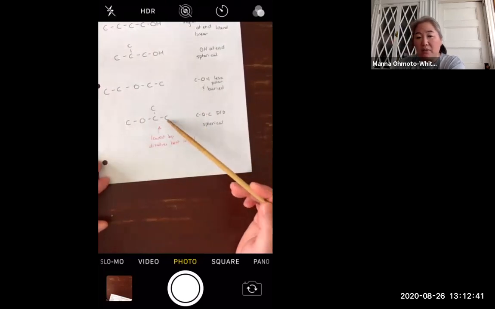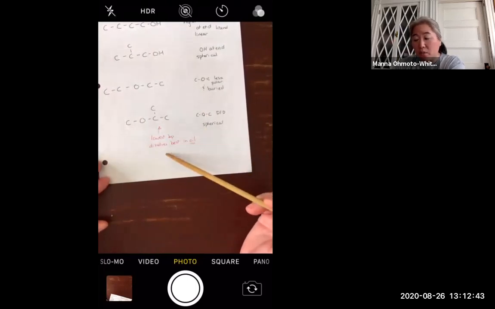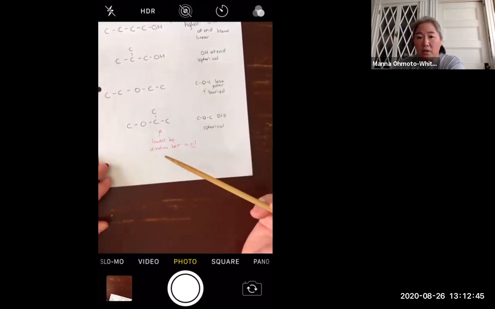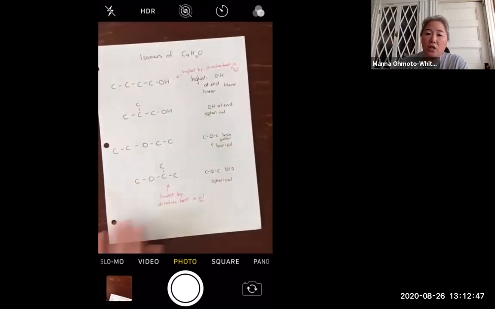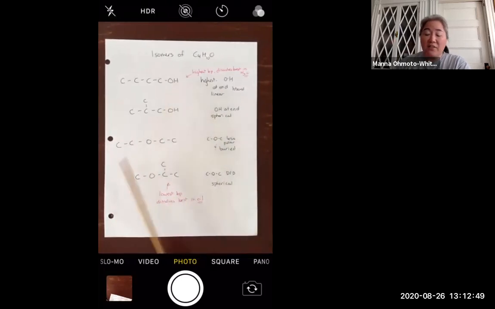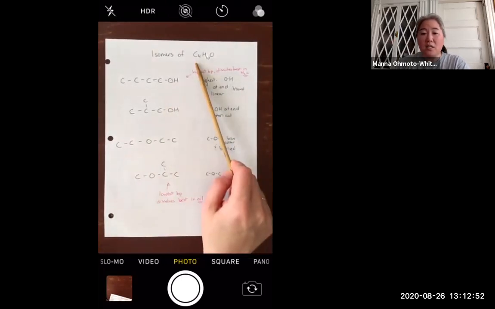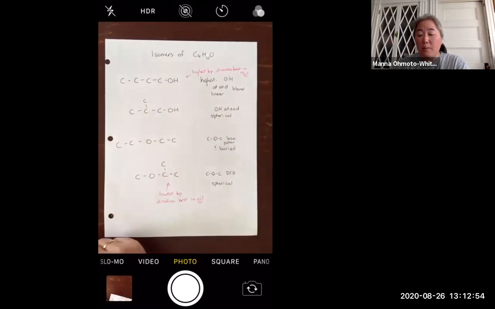So this molecule will have the lowest boiling point, and it will dissolve best in oil. So again, this is a way in which molecules that have the same formula, C4H10O, but because they're put together differently, will have different physical and chemical properties attached to it.